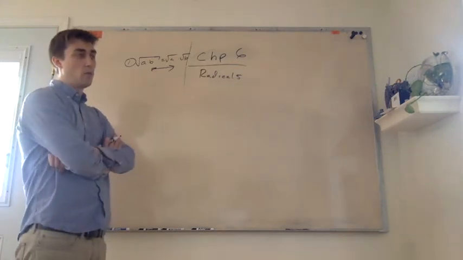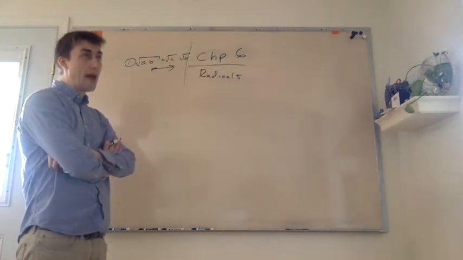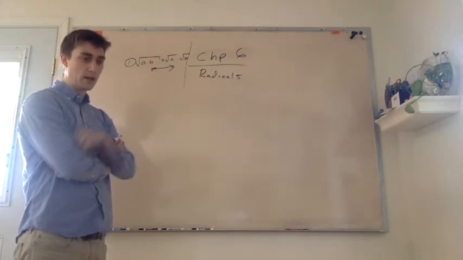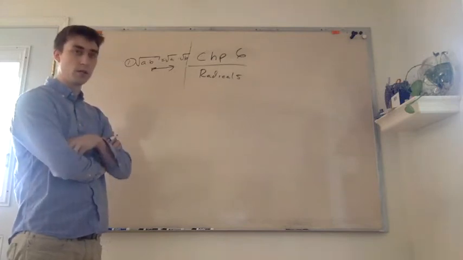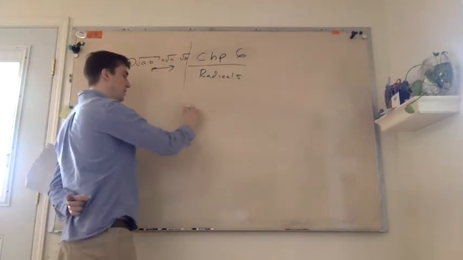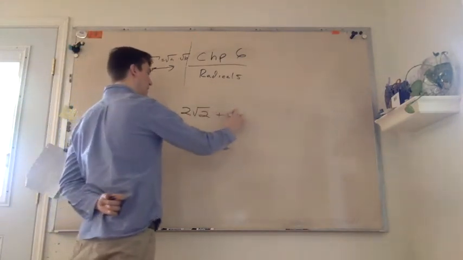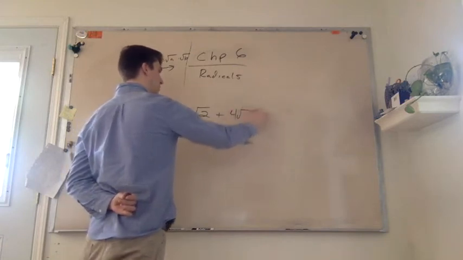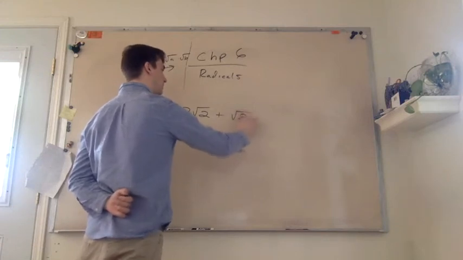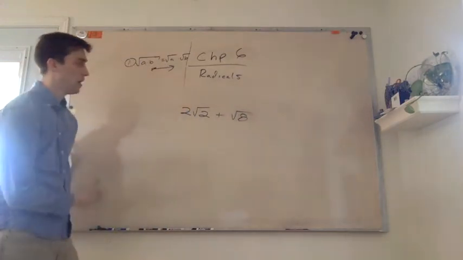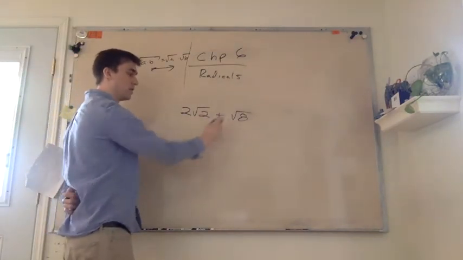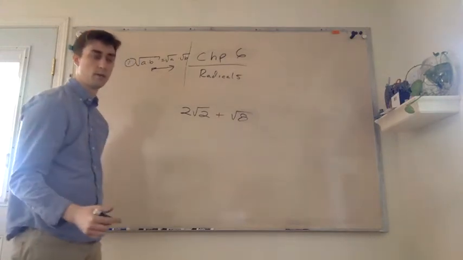Now, with that said, that you can't combine radicals unless they're the same, there's a thing that you can do. Let me demonstrate with an example. Let's take 2 square root of 2 plus 4 square root of 8. It's 2 radicals being added. They aren't the same, square root of 2 and square root of 8, so you can't do it.